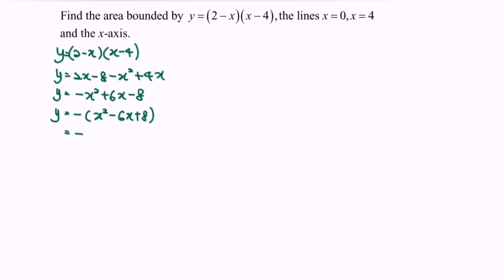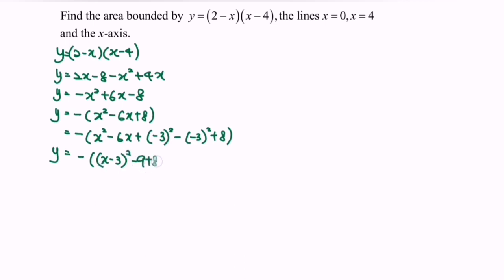So negative bracket x squared minus 6x plus bracket negative 3 squared minus negative 3 squared plus 8. So express the situation in the standard form, where we have negative bracket x minus 3 squared minus 9 plus 8.